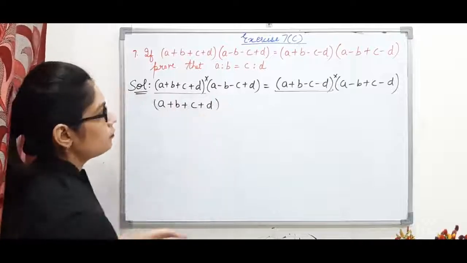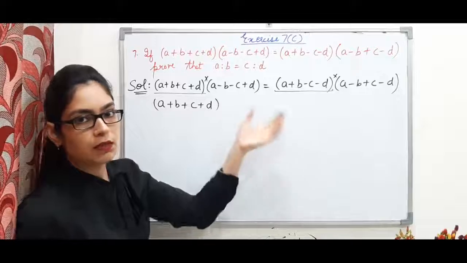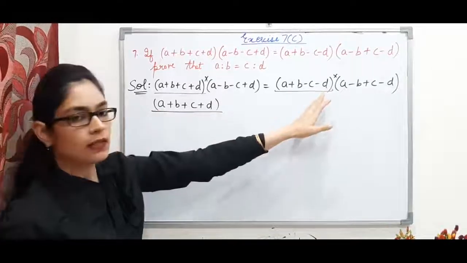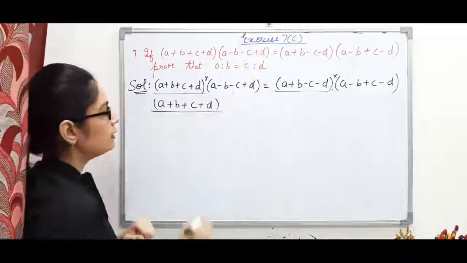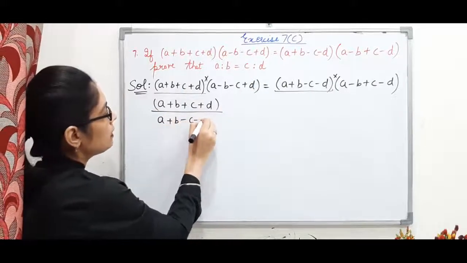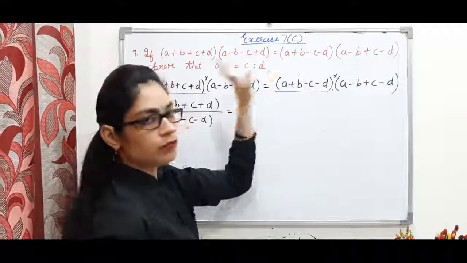Now this term, because it is also starting with a plus b, similar to this, I will shift it to this side. This side it is getting multiplied, when I am changing its side it will get divided. So a plus b minus c minus d. So this I have shifted to the other side.